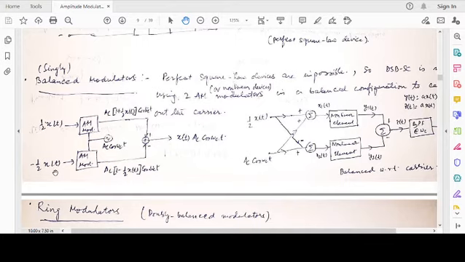So basically for xt with respect to ground, you have half xt and minus half xt. They are differential; the difference between these two ports would give you the actual signal. Such devices are known as BALUN, B-A-L-U-N, balanced to unbalanced or unbalanced to balanced transformer.